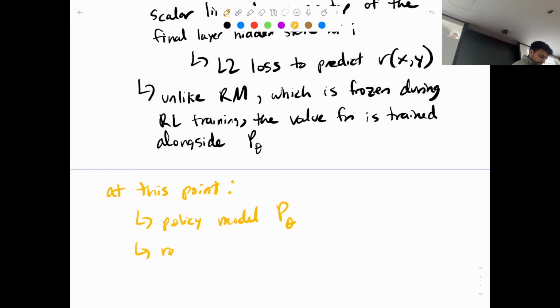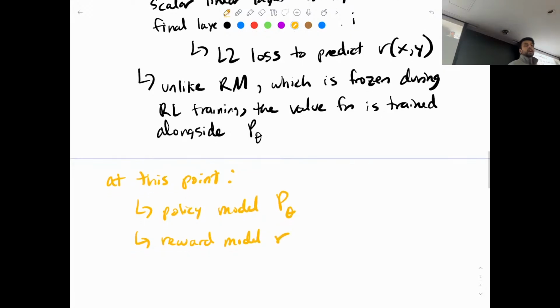We have a reward model, which is often the same size as the policy model, or it could be from any other language model that has been trained and then fine-tuned using the Bradley-Terry objective that we saw. And we also have a value network, and this thing is also initialized from a big language model and trained to minimize the difference with the final reward of the sequence, starting from individual positions.